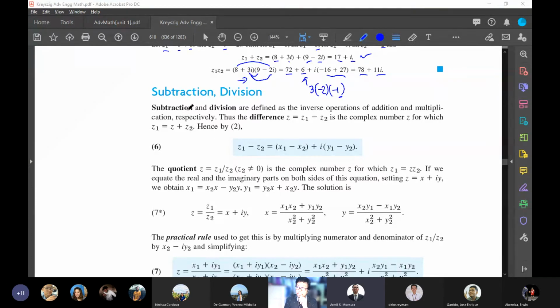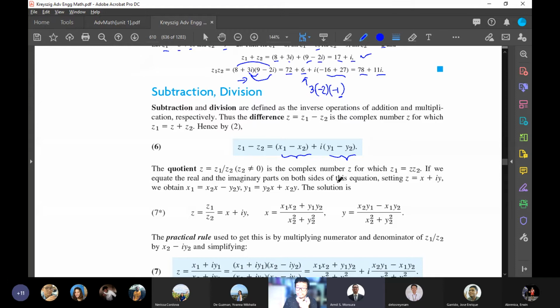Now, in terms of subtraction and division, we can simply subtract the real part and the imaginary parts.